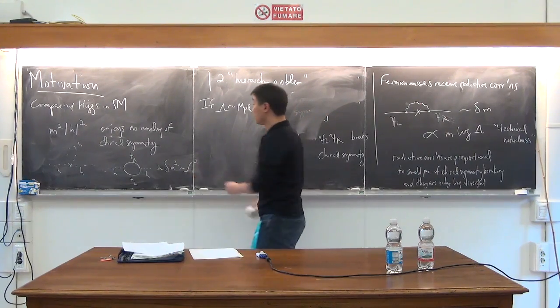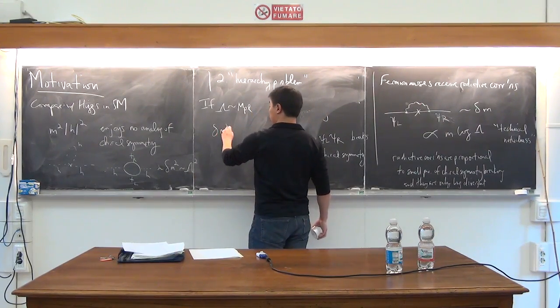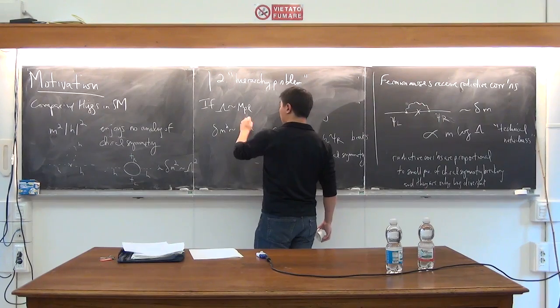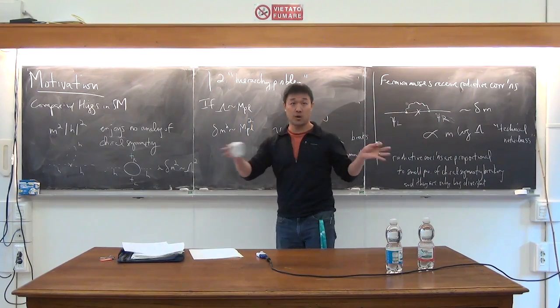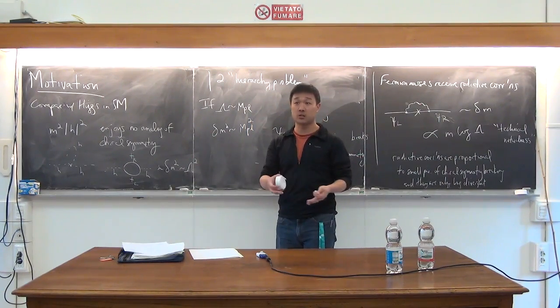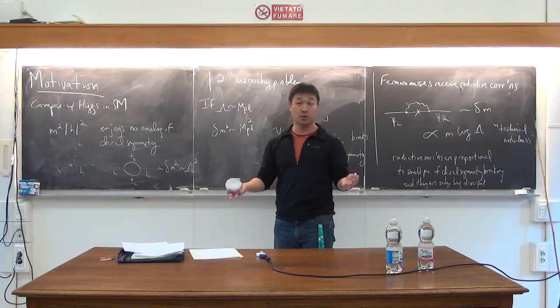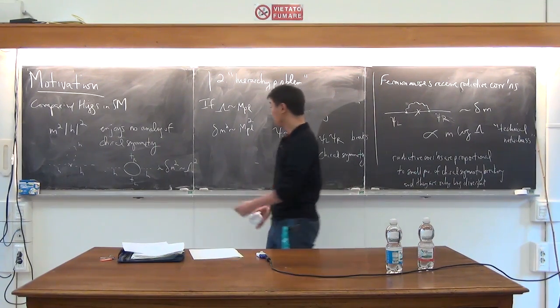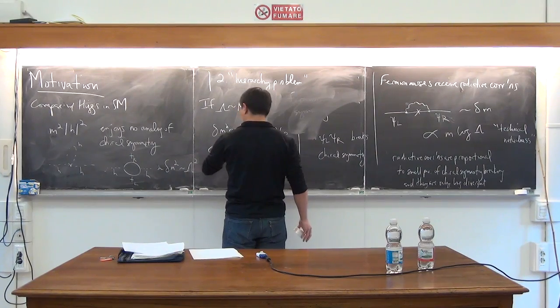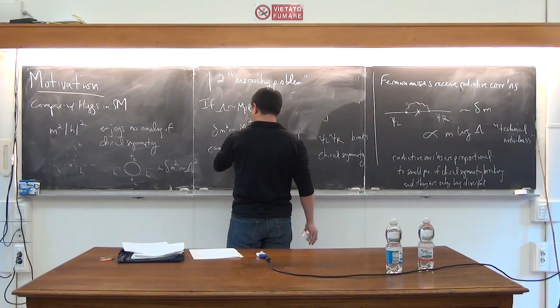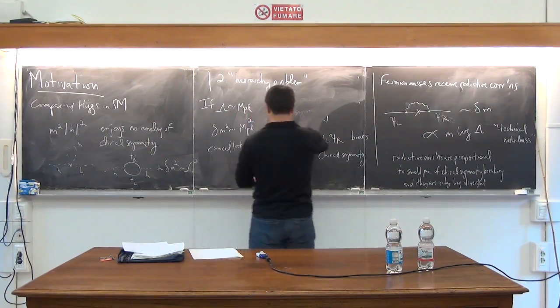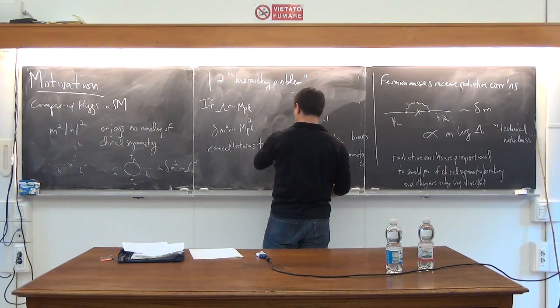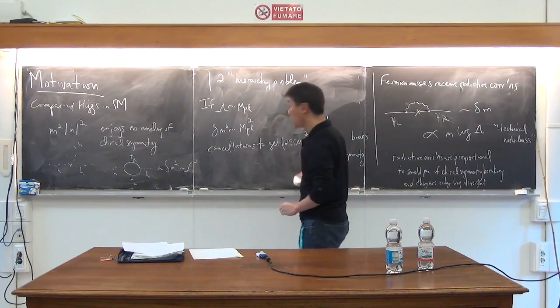Then the one loop correction to the Higgs mass goes like M Planck squared, and all these different corrections plus the counter term have to cancel each other to give us 125 GeV squared.